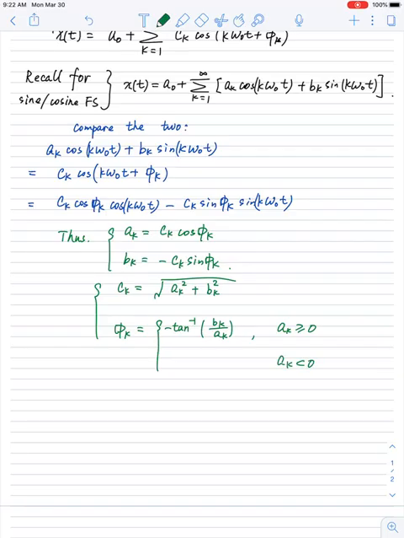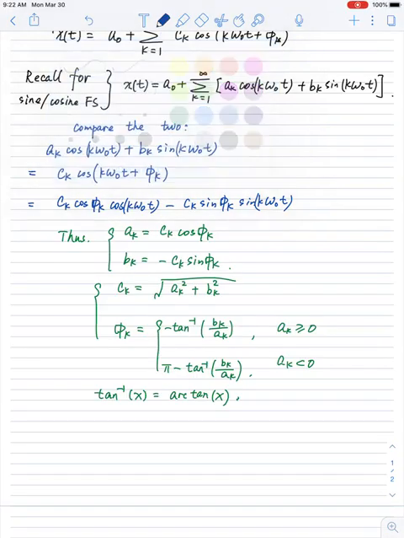If ak is smaller than 0, then phi k is equal to pi minus arctangent of bk divided by ak. Here, this term represents the inverse function of the tangent function, so it is also written as the arctangent function.